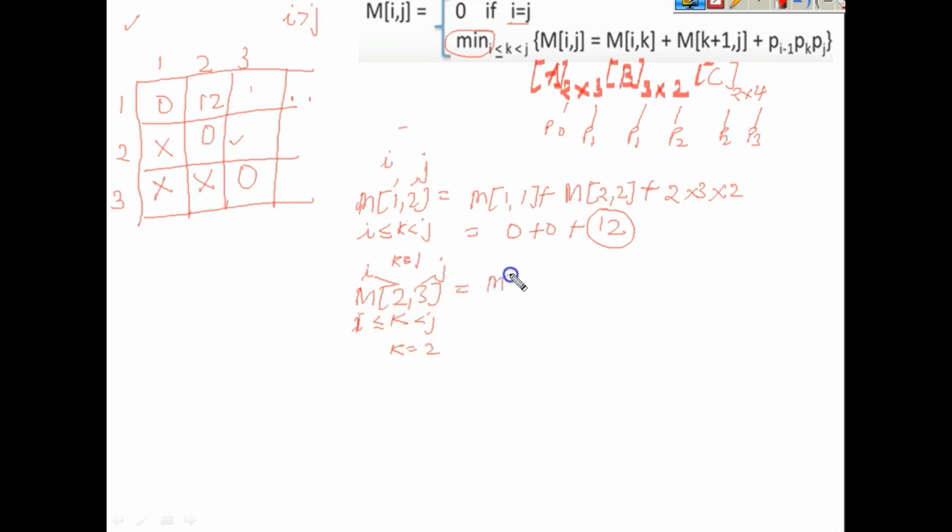Again I write the formula: M[2][2] plus M[3][3] plus p[i-1], i is 2 here, that is p1, which is 3, into p[k], k is 2 here, so p2 is 2, into p[j], j is 3 here, so p3 is 4. So this is 0 plus 24, and you can write 24 here.